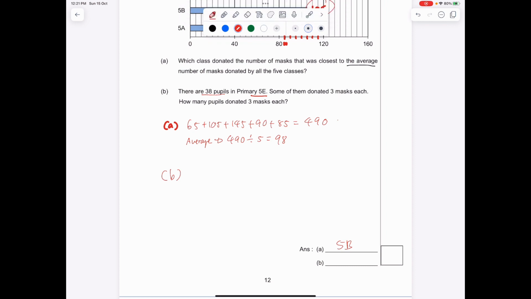To solve this question, we're actually going to have to make some assumption. So we will assume that all 38 pupils donated 2 masks each.